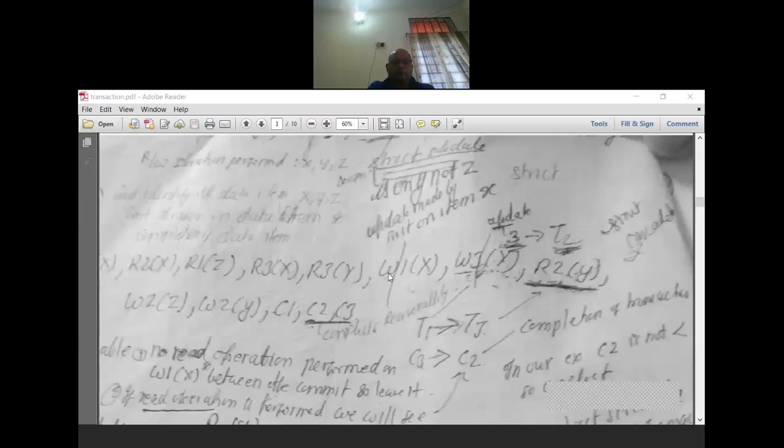All are read operations; R3(X) and R3(Y) are read operations, and W1(X) is a write operation.